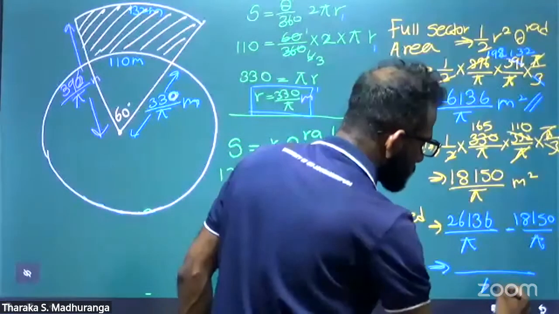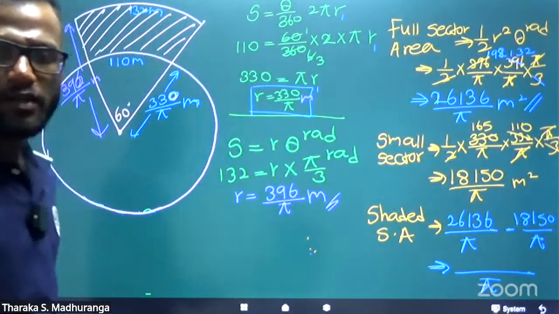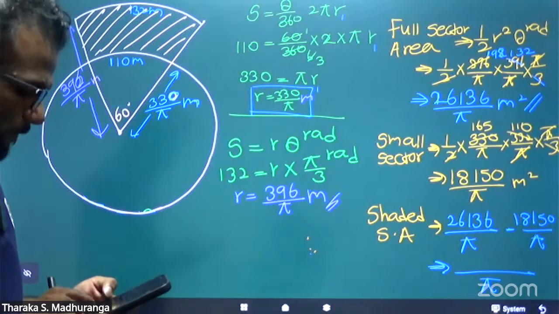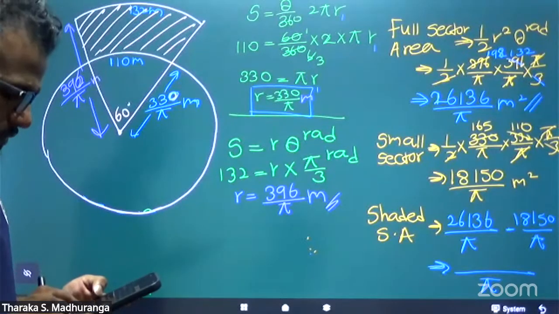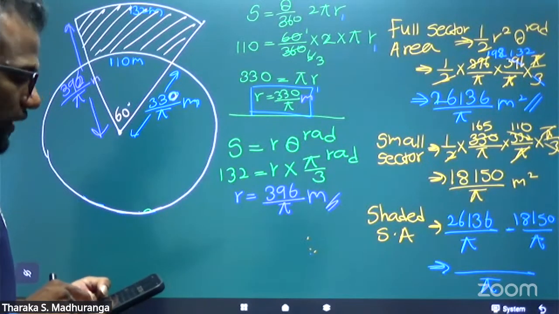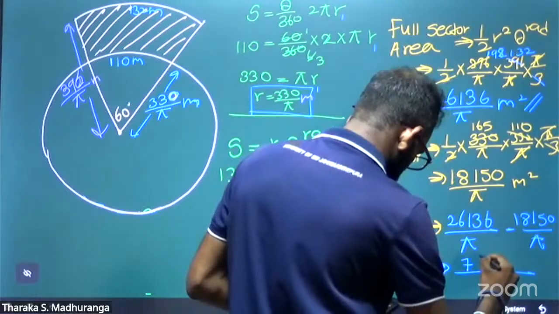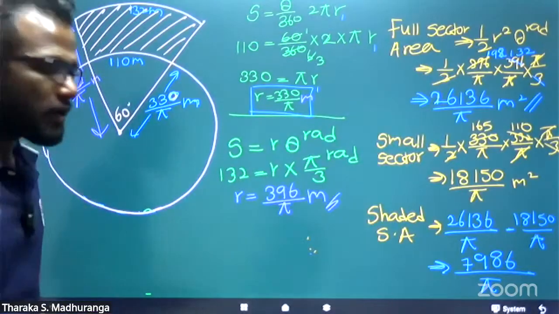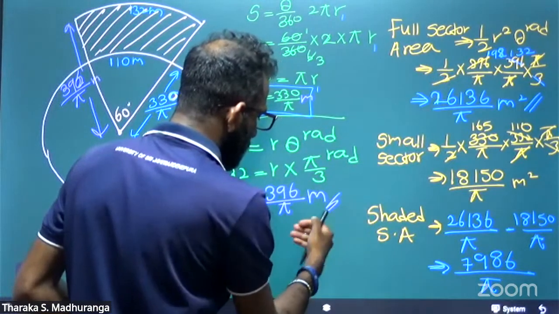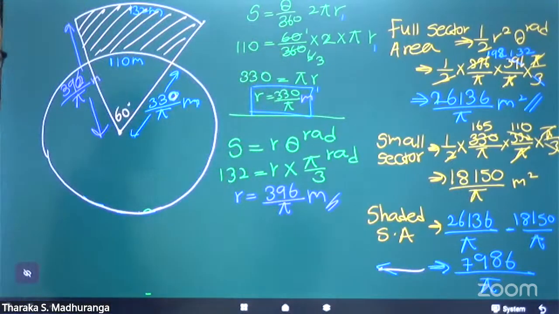Okay, 5 is common. 26,136 subtract 18,150 is 7,986. Then divide by 5.